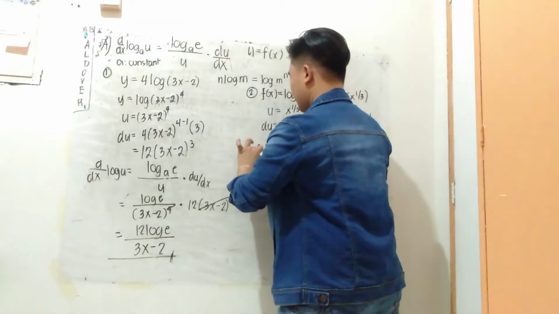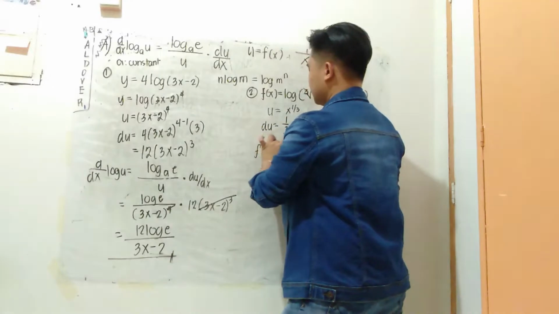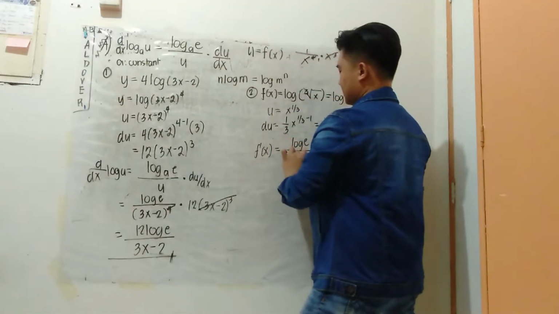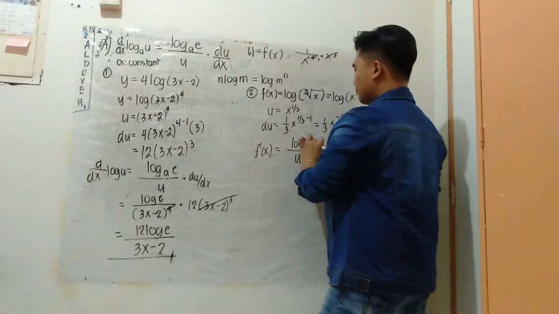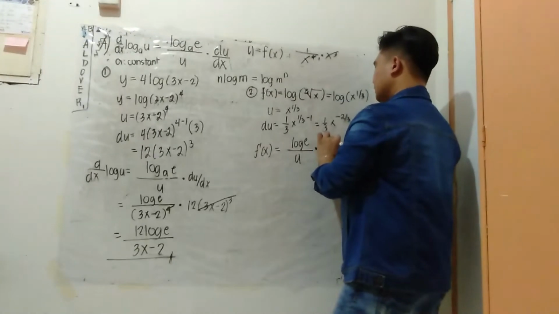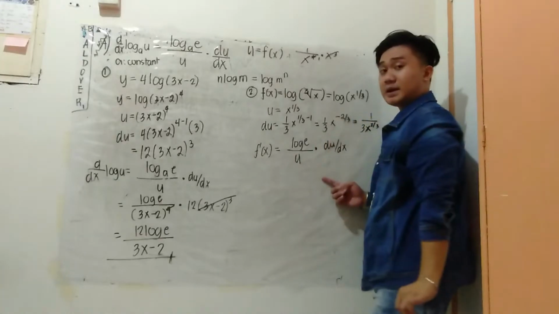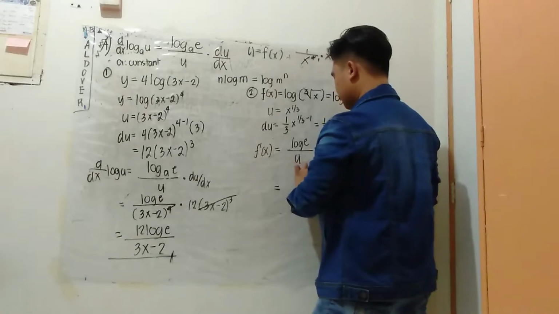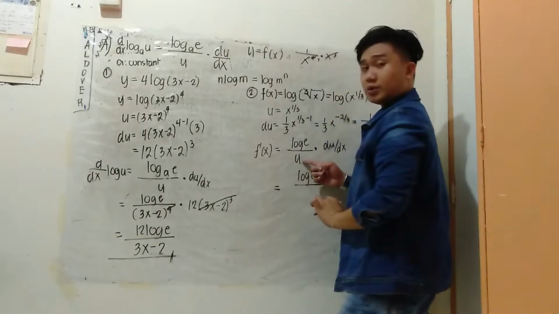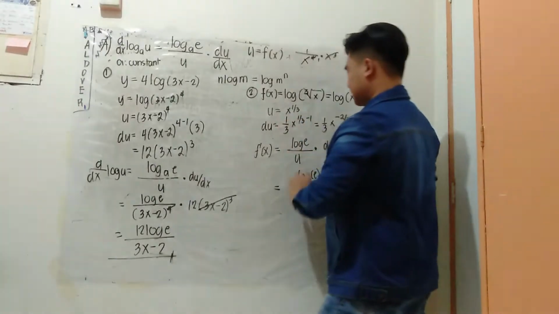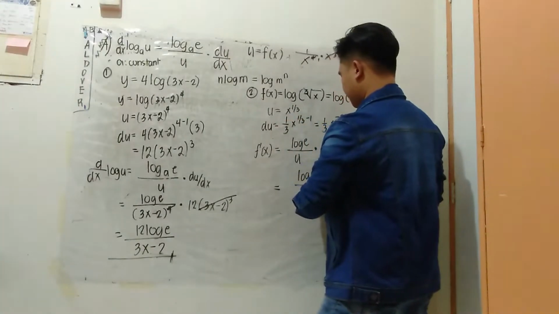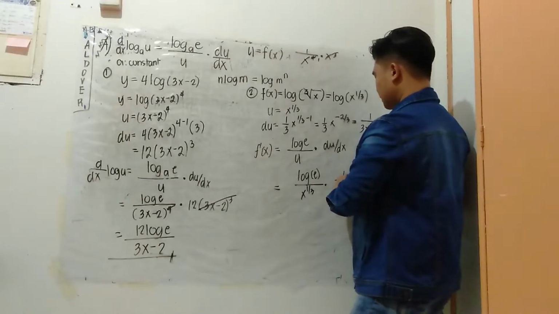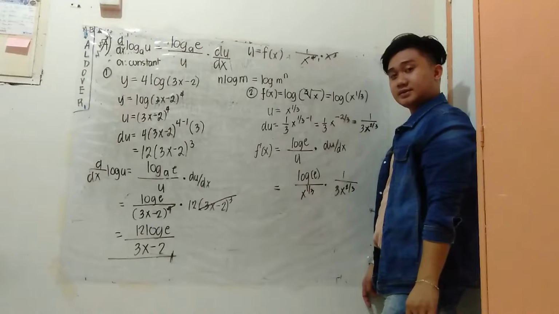So, f prime of x, diba equal lang yun sa log of e over u times du dx. Tama? So, log e, u is x raised to 1/3. Du dx is 1/3 x raised to 2/3. Okay?